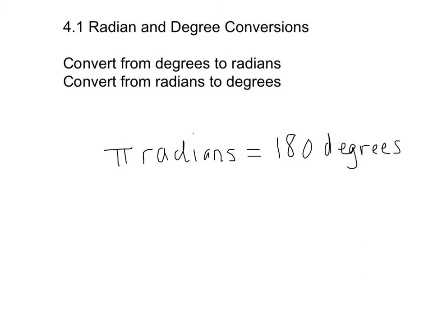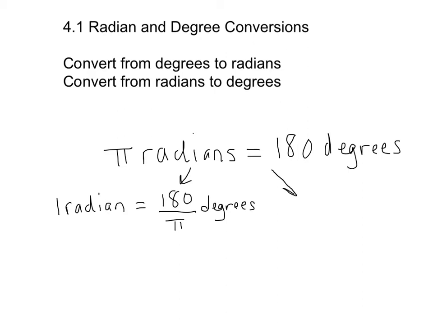And if we play with this a little bit, we can also say that 1 radian, divided through by pi, is going to be equal to 180 over pi degrees.